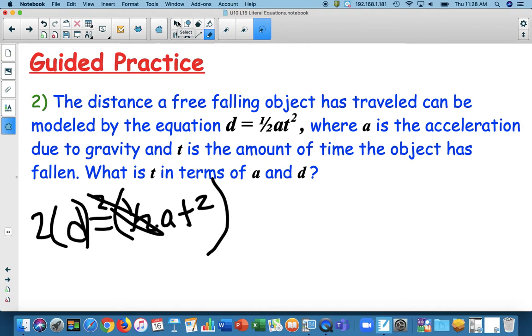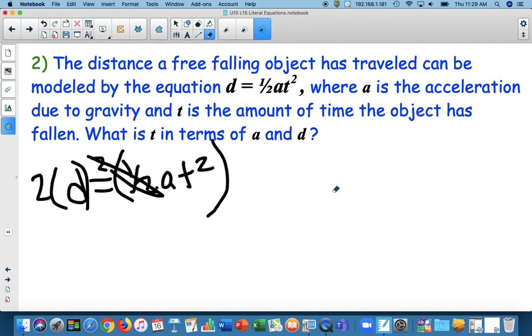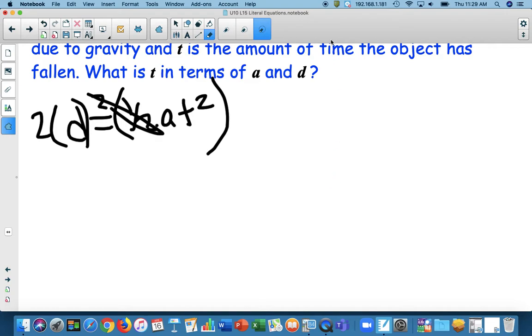There we go. So the 1/2 and the 2, they cancel out, okay? And that's my goal there, to cancel those two things out. Again, you could divide by 1/2, but then you would have to remember to flip it. And some of you might forget that, and that's a little confusing, so why do that? So now I have 2d equals a t squared. Okay?